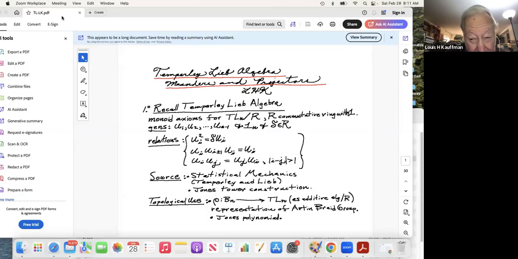In fact, Temperley himself investigated the algebra a lot, and he found a braid group representation of this algebra, but he didn't do anything with it. But later, Jones found the algebra again in a somewhat different context related to physics, the Jones Tower construction, which I won't go into.